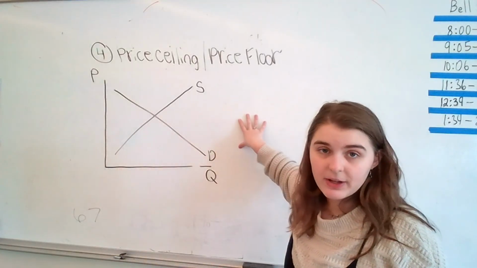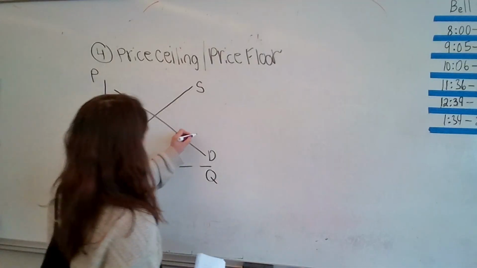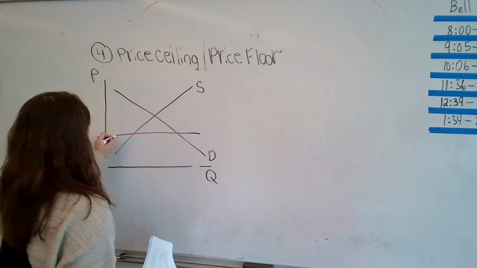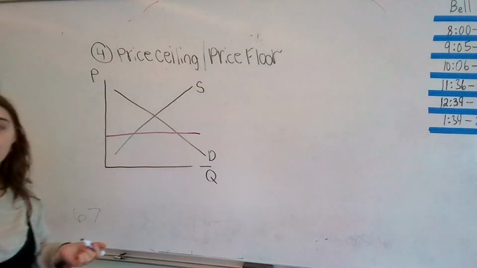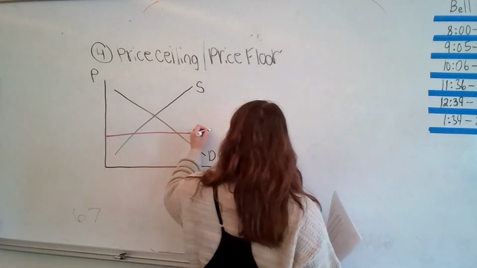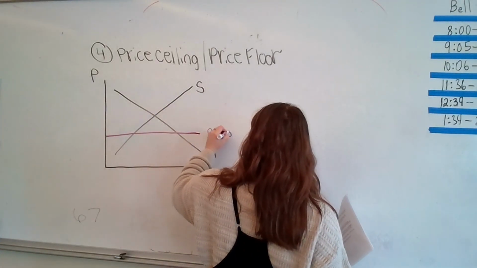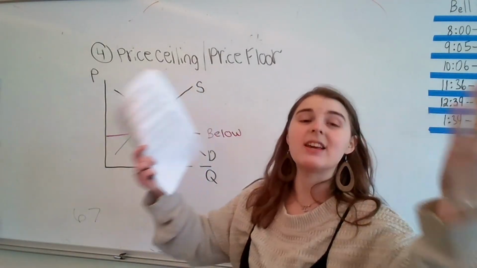So if we just have our supply and demand, right? If we have something and it is below our equilibrium, you see how this is below equilibrium? If something is below equilibrium, no matter if it's a price ceiling or a price floor, this is the effect it's going to have.